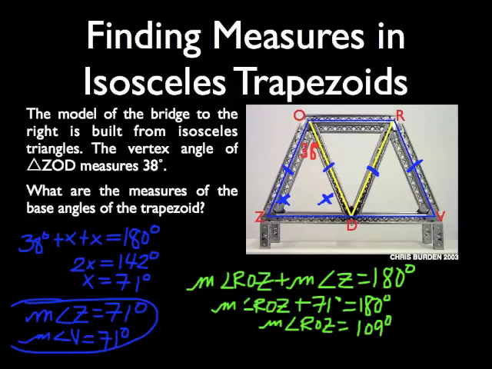And that happens to be one of our base angles up here. And of course, since it is an isosceles trapezoid, our other base angle has to have the same measure. That means that the measure of angle ORV is also 109 degrees.